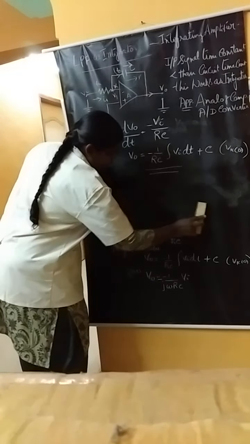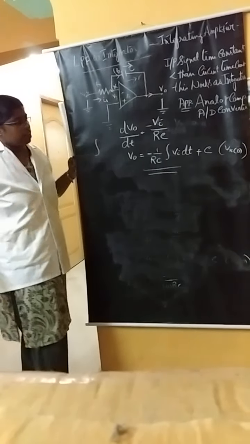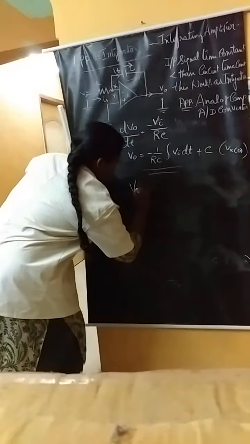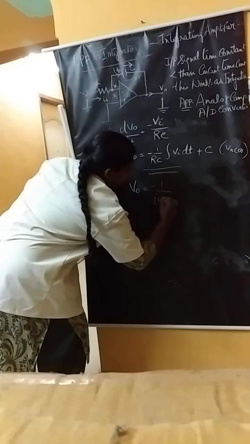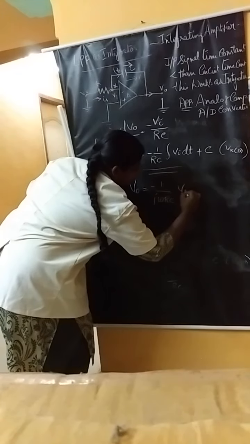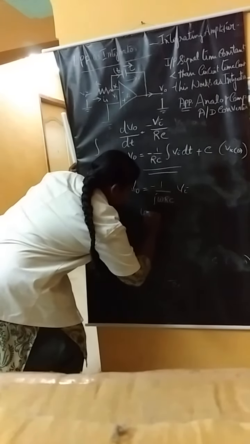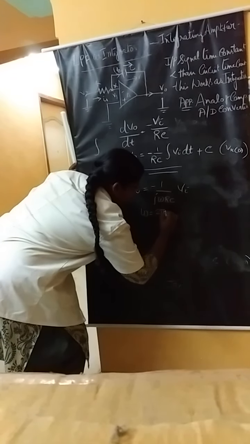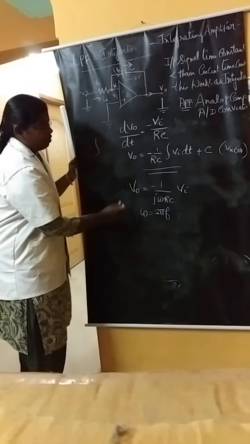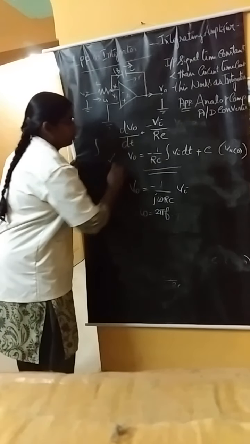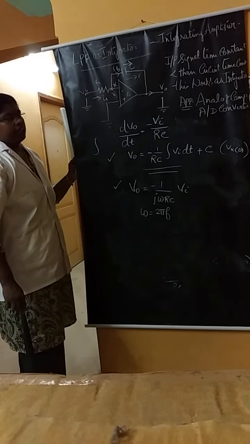Writing this equation in the mathematical form, V0 equals minus 1 by j omega RC into Vi, where omega is equal to 2 pi f.